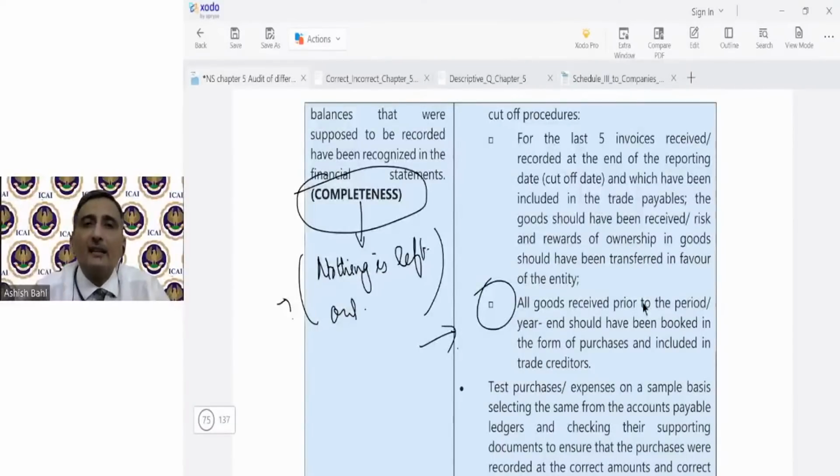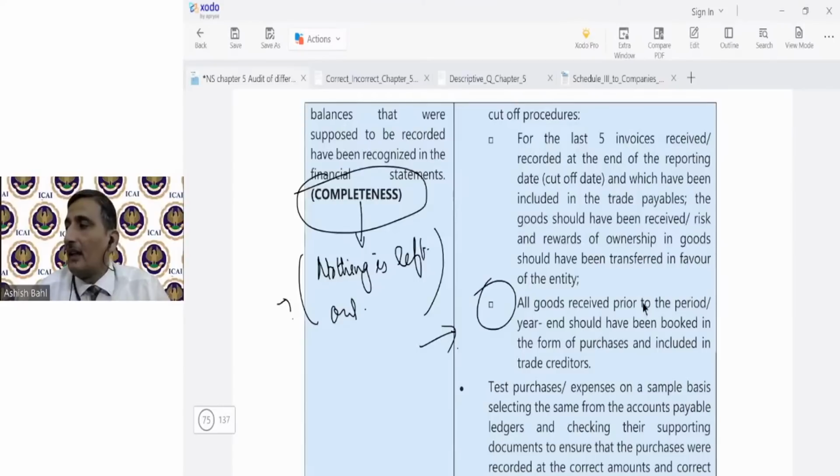If you verify the details of goods received in the last 10 days of the closing month, say the month of March, and you try to find out whether, for the goods which have been received, the corresponding purchase invoices have also been received and entered in the books of accounts.